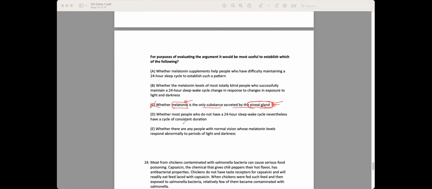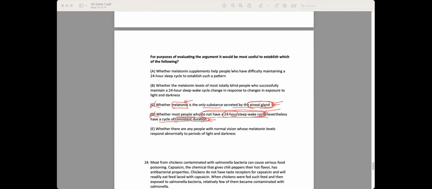Option D: whether most people who do not have a 24-hour sleep-wake cycle nevertheless have a cycle of consistent duration. Again, as with option A, we don't know who those people are, or whether it's a 24-hour cycle or some other duration. We can't say what is happening with them. That's why option D cannot be picked.